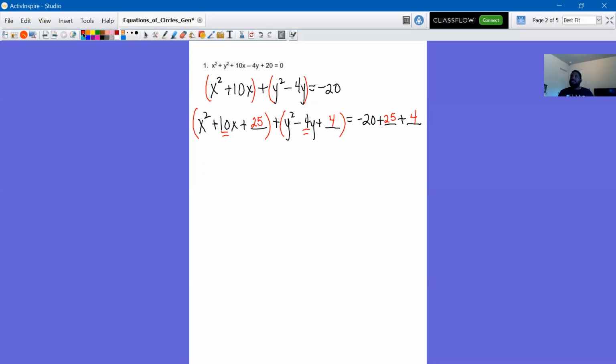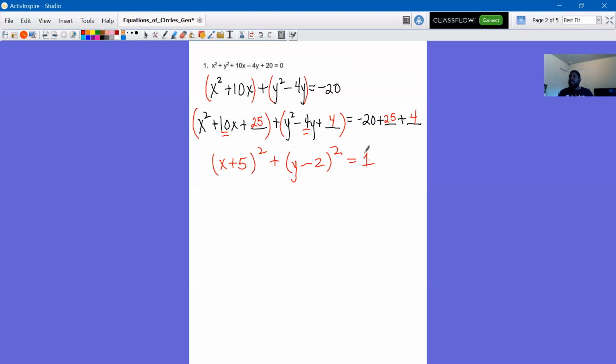So now I'm ready to simplify my answer by factoring and simplifying on this side. So here is going to be x, and then half of the middle number. So take half of your middle term, and that goes here. So half of 10 is +5. And here y, and half of -4 is -2. That goes here. And then you simplify over here.